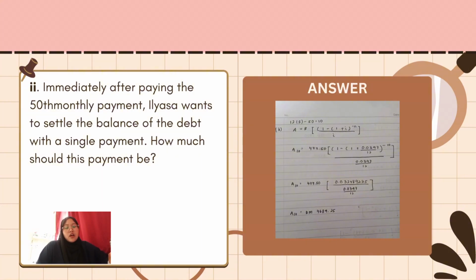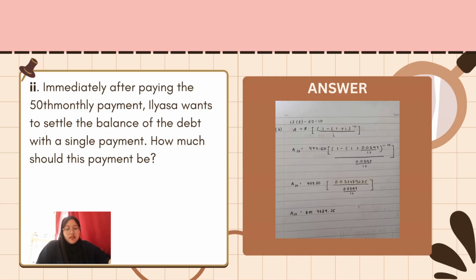So how I calculate it, n is 10, the 10 more payments that he has to pay. So 477 and 50 cents, open bracket, 1 minus open bracket 1 plus 0.0397 per 12 close bracket to the power of minus 10, close bracket, divided by 0.0397 per 12.